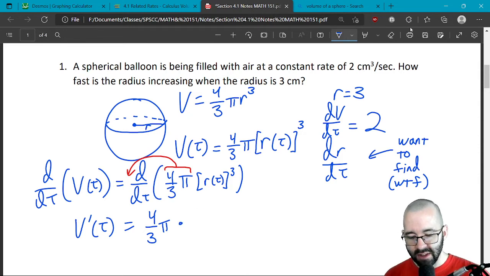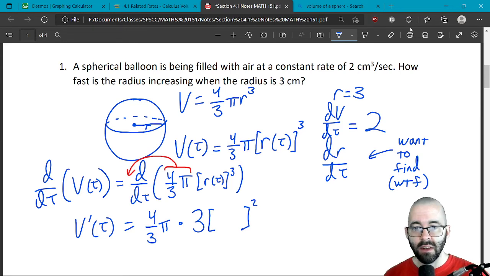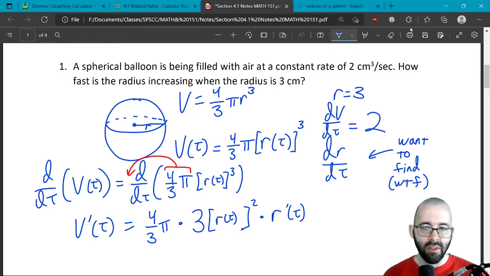Take the derivative of the outside function, 3, subtract a power. Inside function stays the same. Remember your implicit differentiation. And we multiply by the derivative of that inside function. And again, the derivative of r of t is just r prime of t, or dr dt. It's up to you.